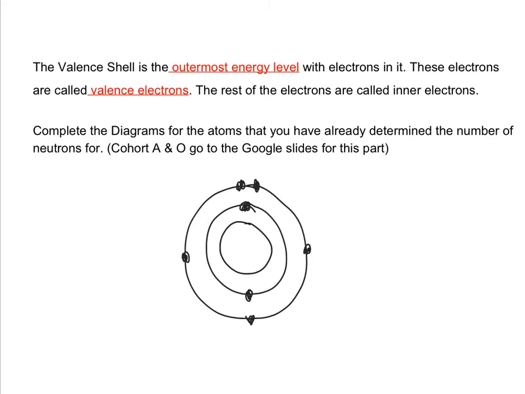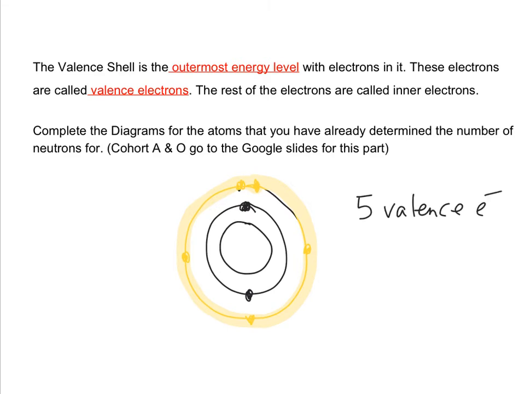So on my valence shell, this is the outermost shell, I have 5 valence electrons. I have 5 valence electrons in my valence shell. And then the 2 on the first ring are inner electrons.